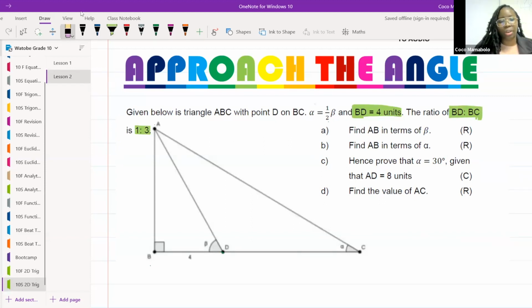We know that if BD comes first, that means BD is in a ratio of 1, and if BC comes second, that means BC is in a ratio of 3. But we know that BD is actually equal to 4. And if BD is 4, then what is BC going to be equal to, guys?